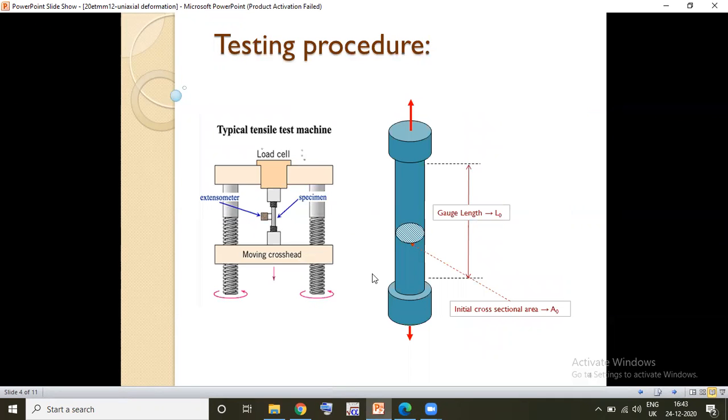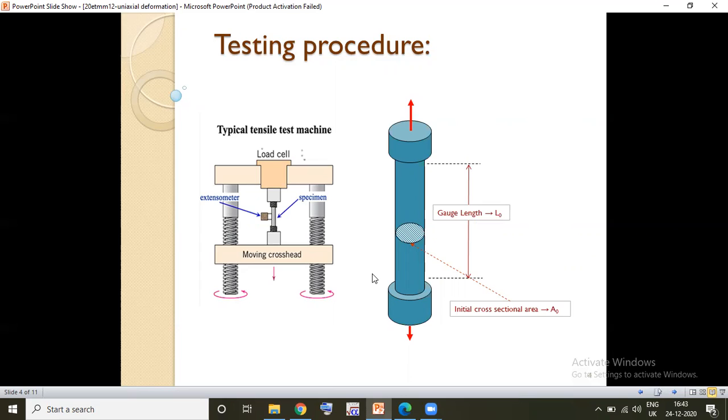So what is the major testing procedure for finding the uniaxial deformation? We have various techniques to find the tensile strength or the tensile deformation of a system. The basic machine used is the UTM, or the tensile testing machine.